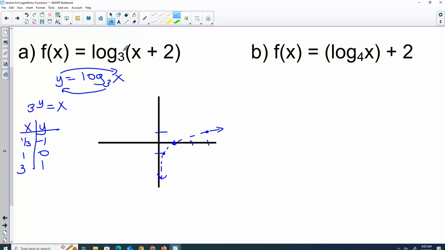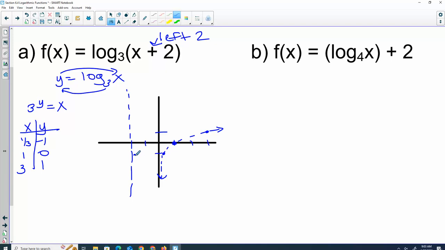If I'm trying to graph log base 3 of x plus 2, what would the plus 2 do to my graph? If I move this log left or right, what else gets moved? Because it's a vertical asymptote, that's going to move when you go left and right. So I'm going to draw in my vertical asymptote is now at -2.